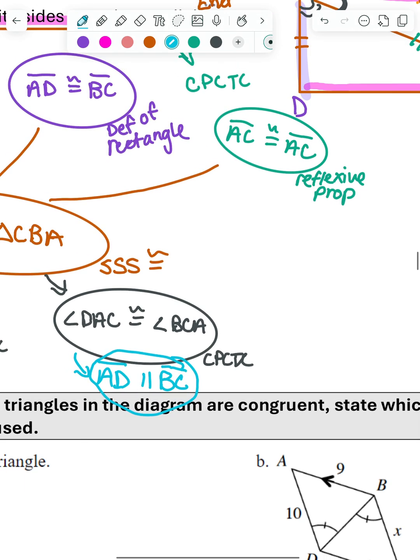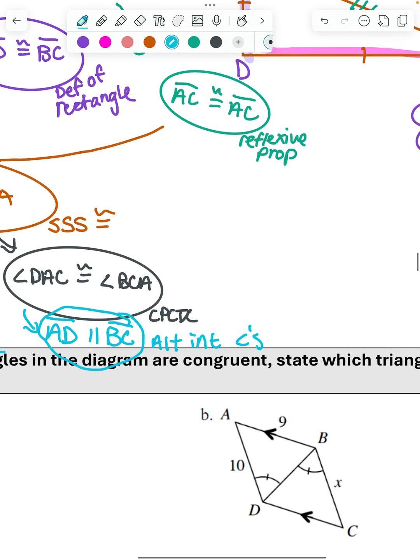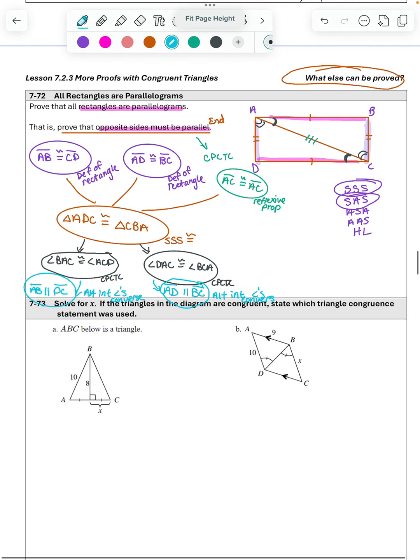And that is because alternate interior angles. And I guess that's really the converse. That says if alternate interior angles are congruent, then our lines are parallel.